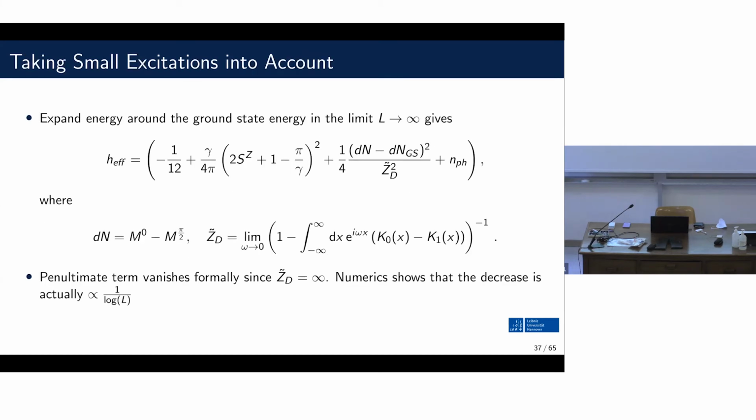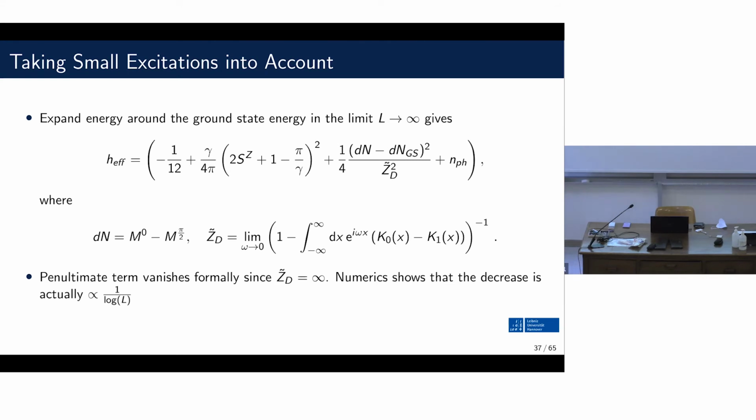So when you do that analytically, you obtain this object here for the effective scaling dimension, and this is all fine, but the very important part is that you get a contribution here which involves the difference of the number of Bethe roots of both lines. This is this Z here, which is a combination of the dressed charge matrix.